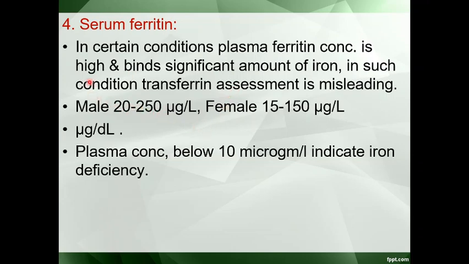What is the serum ferritin concentration? It is 20 to 250 microgram per liter in males and 15 to 150 microgram per liter in females, and below 10 microgram per liter indicates iron deficiency.